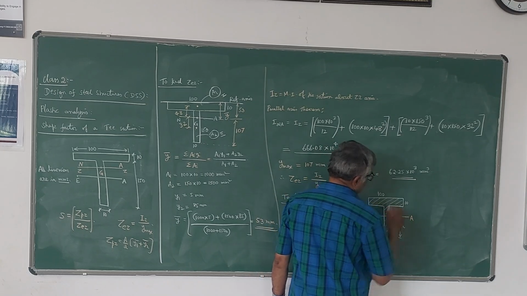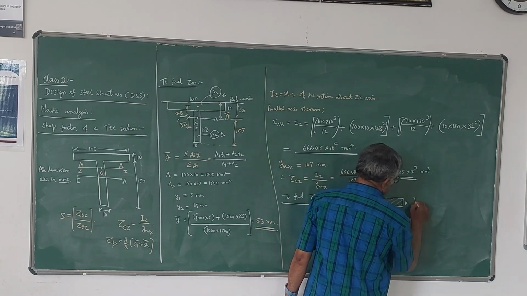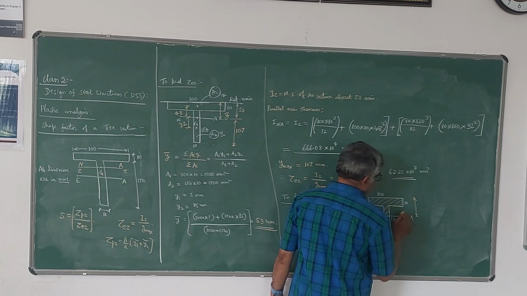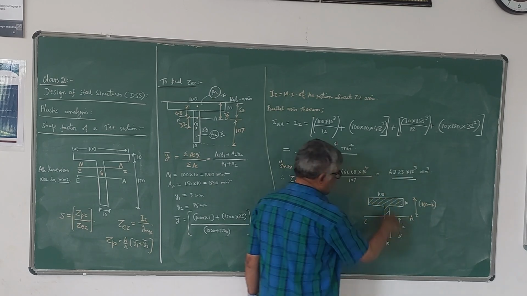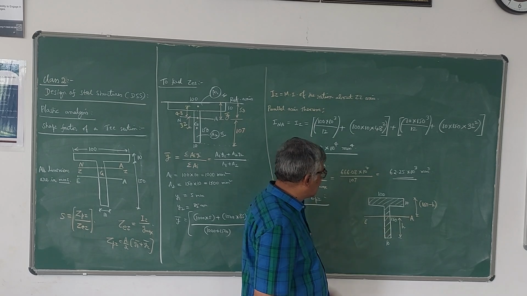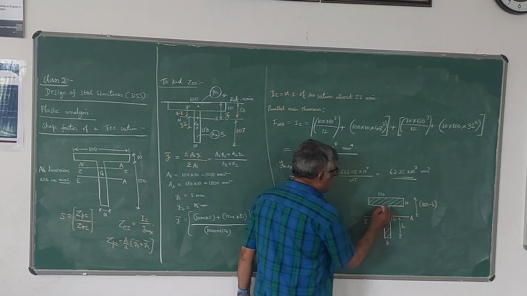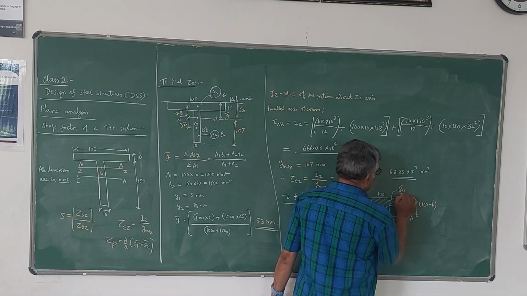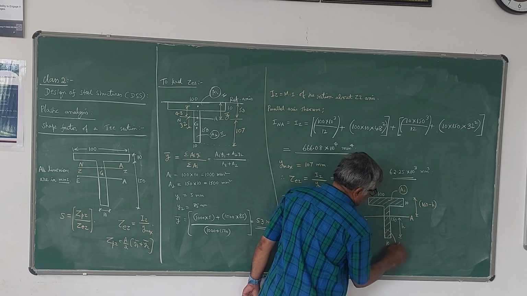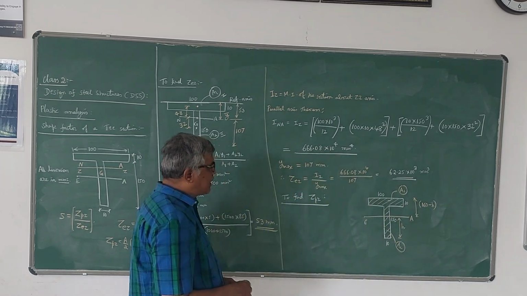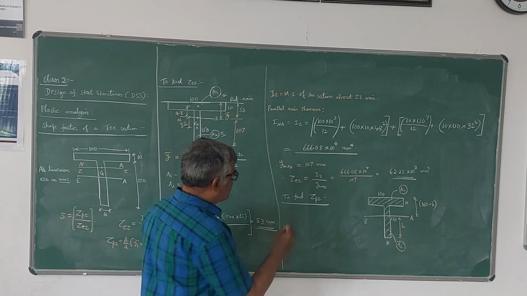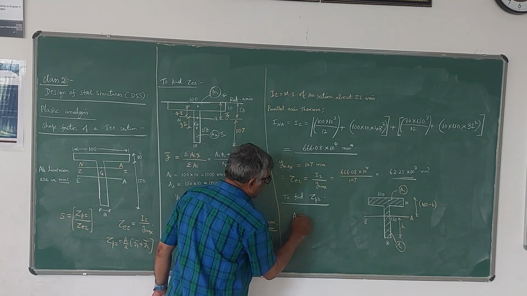This h is unknown, so this becomes 160 minus h, as the total is 160. This area I will take as A1 and this area as A2. So the area above the equal area axis is A1, the area below is A2. We know that A1 should be equal to A2.